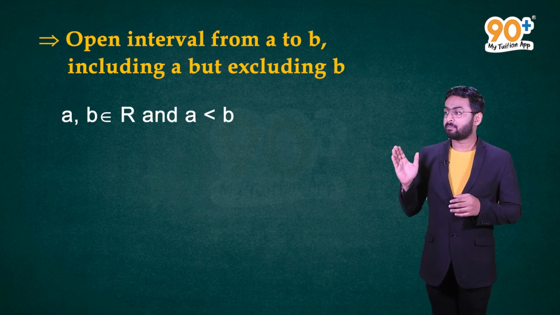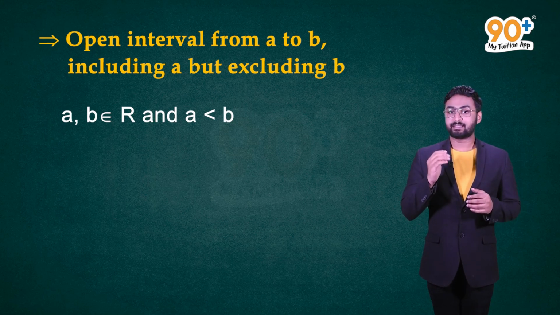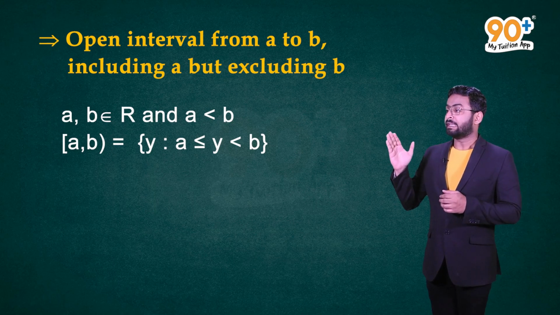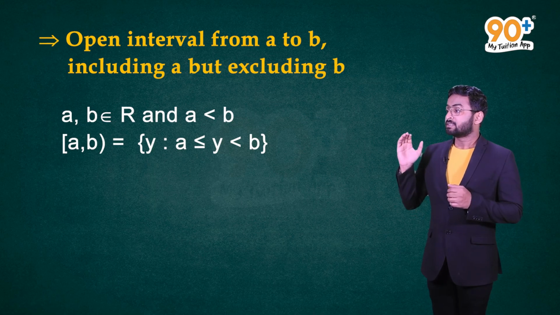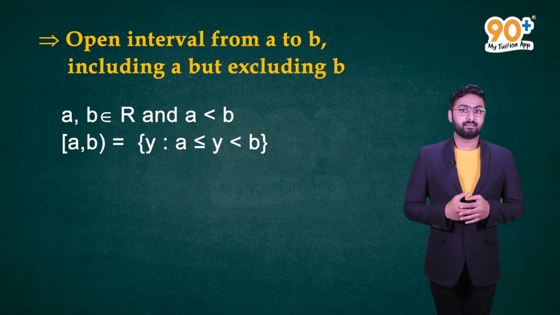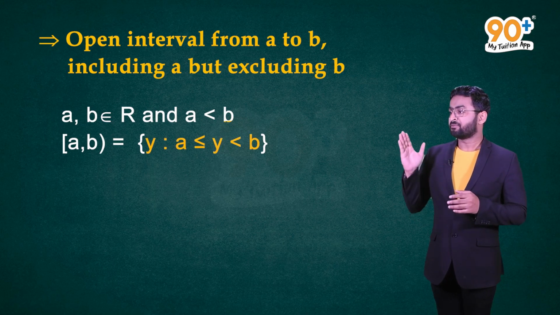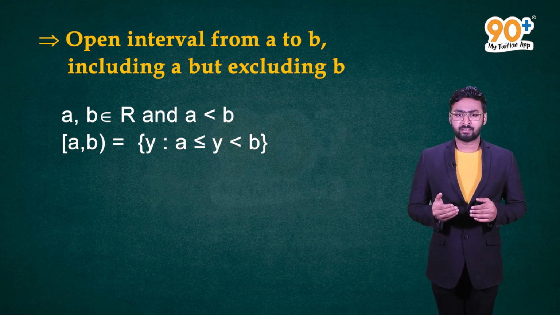Let A and B belong to the set of all real numbers and A less than B. Then the interval from A to B including A but excluding B is equal to the set of all y such that A less than or equal to y and y less than B. As you can see, the condition given here is y is greater than or equal to A and less than B. So what are the endpoints here?